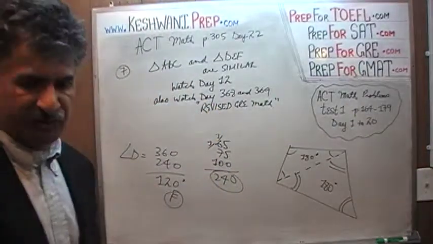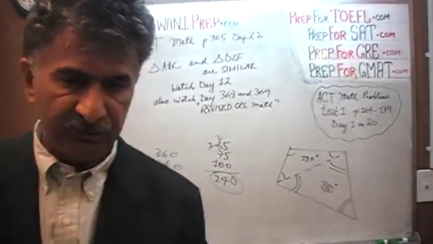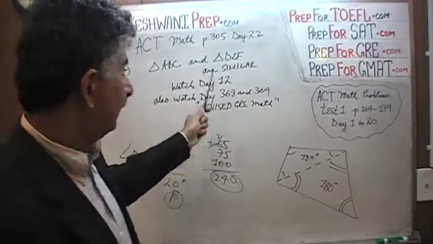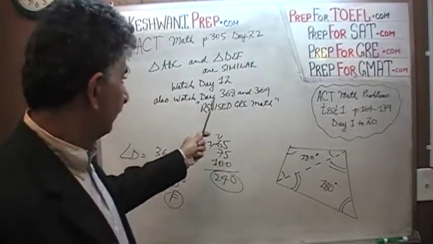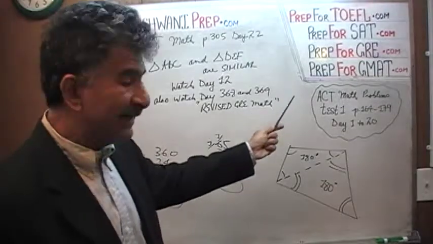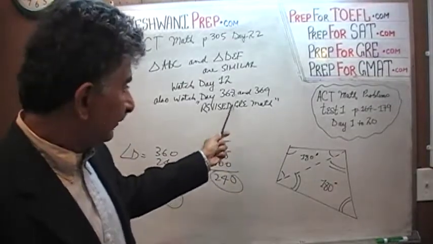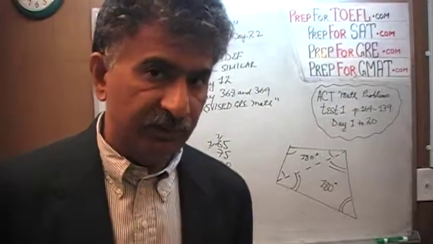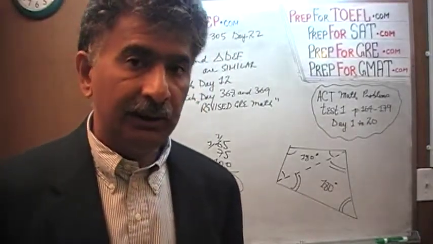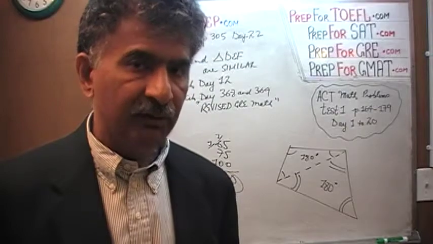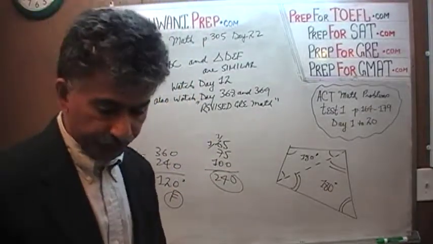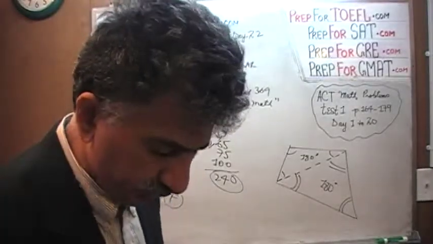Just type in revised GRE math day 368 or day 369 and watch those two videos. They deal with the similar triangle, and even though this is GRE and we are here for the ACT, something like this will appear if a question dealing with the concept of similar triangle happens to appear in the high 40s or high 50s, that question is going to be far more difficult than the one that we are about to do. Let's do it together. Remember, it's very simple.